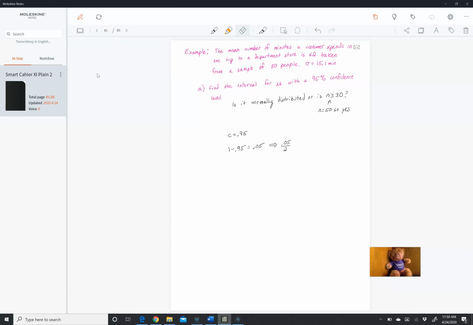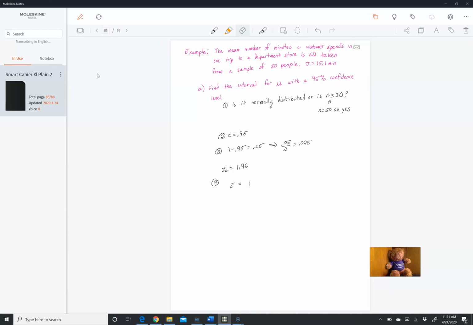So this is the same process, and it's still a 95% confidence level. So Z sub C is still 1.96. This is the first step, this is the second step, this is the third step. And then finally, we want to find our margin of error.